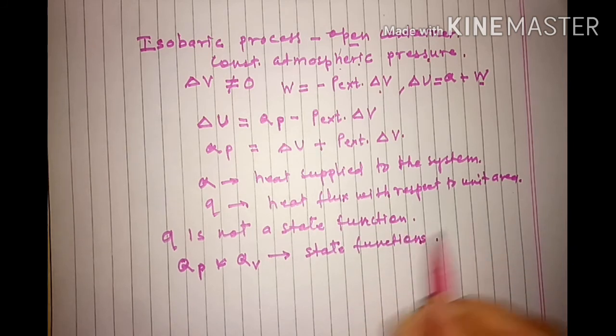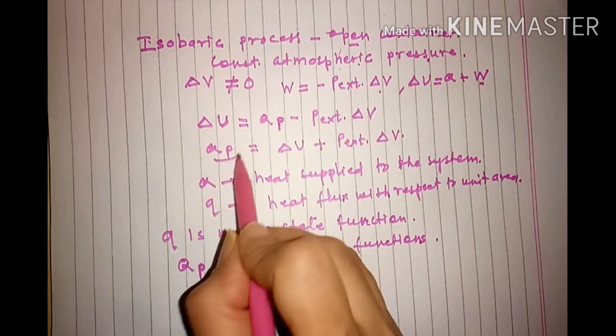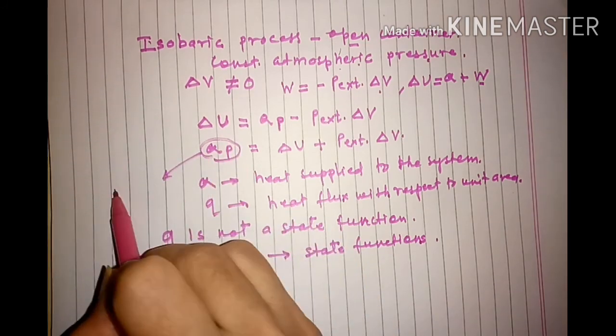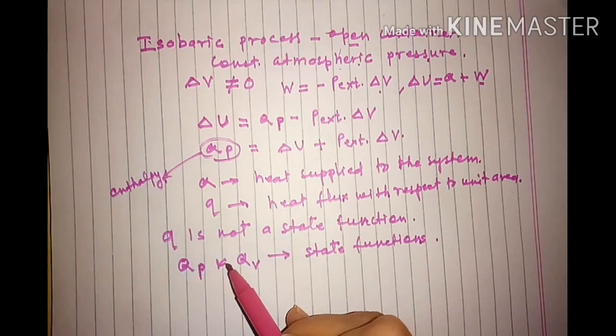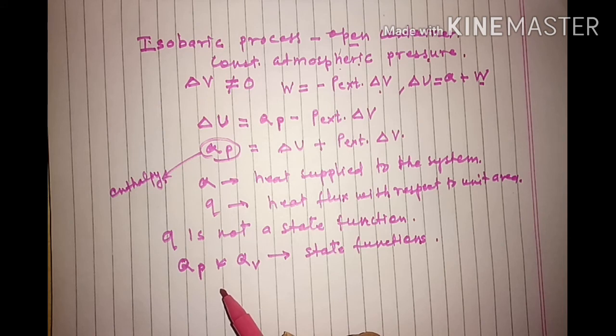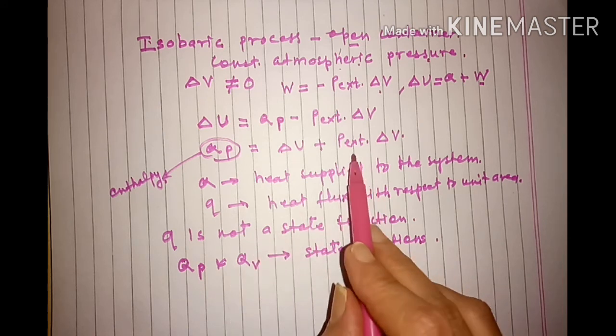Okay, so here comes the concept of enthalpy. This is the enthalpy of the system. So actually what is this enthalpy? It is the sum of the internal energy of the system and the energy equivalent to PV type of work.